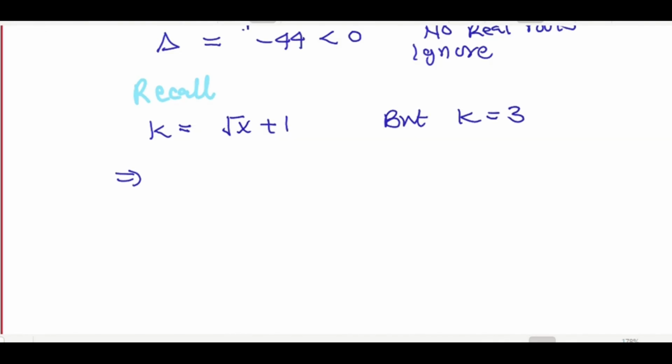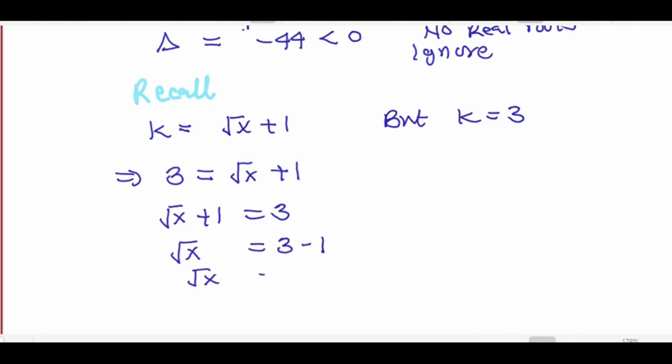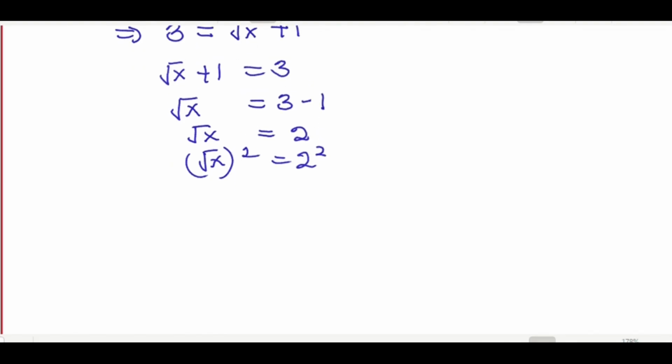So this implies that 3 is equal to root x plus 1. So let's rewrite the equation as root x plus 1 equals 3. Let's group like terms. We have root x equals 3 minus 1. Then we have root x equals 2. So we have root x squared equals 2 squared. So here we square root to break this one, and we have x equals 2 squared, which equals 4.